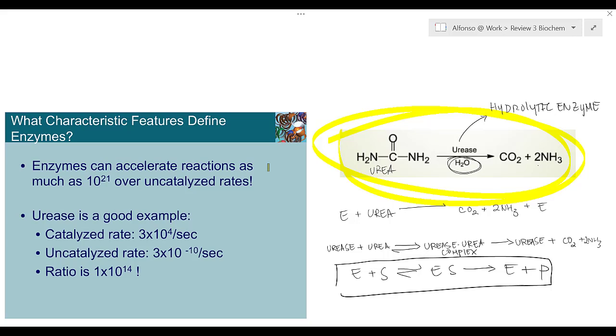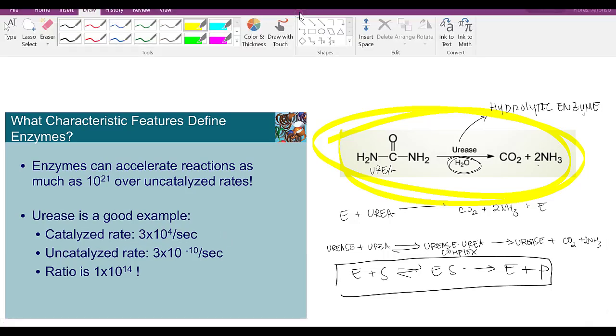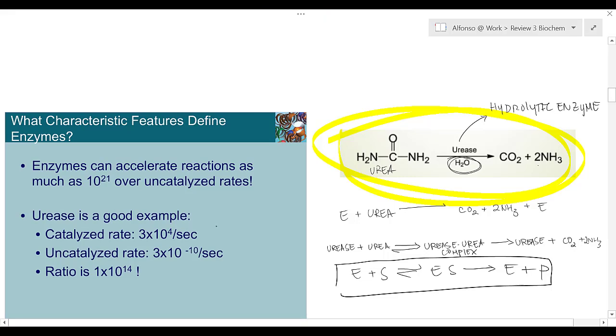We can look at this slide over here on the left-hand side. The catalyzed rate is essentially 30,000 units per second. So every second, 30,000 of these urea are able to be turned into CO2 and NH3.